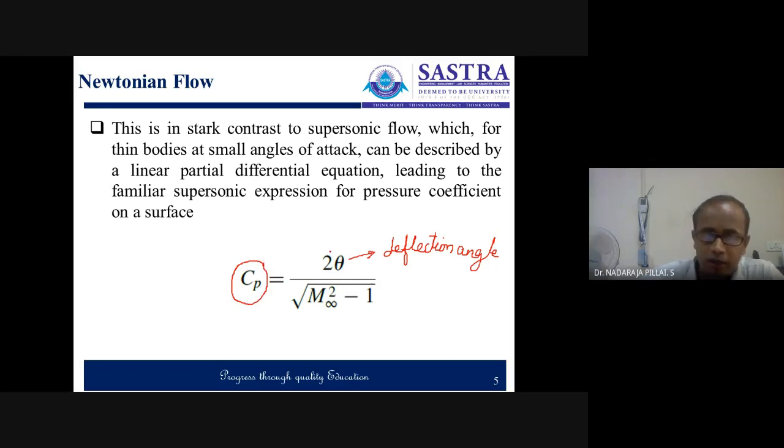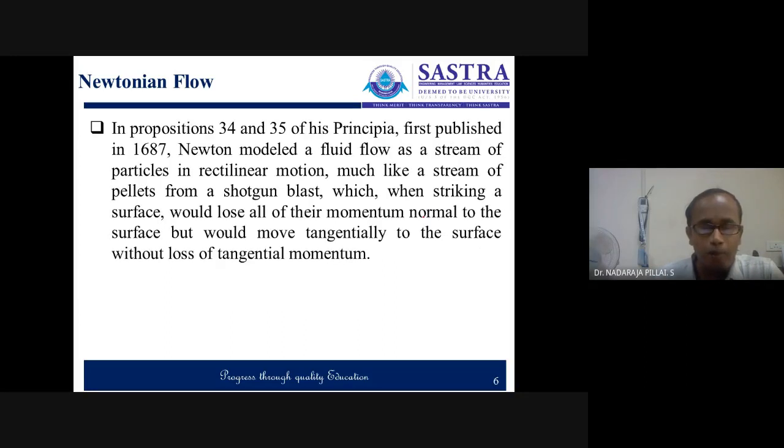But still there is a problem. We cannot directly use this in hypersonic flow because the flow phenomenon is different, right? So we go to a new method called the local surface inclination method.